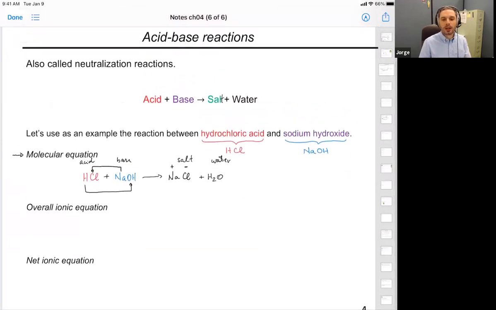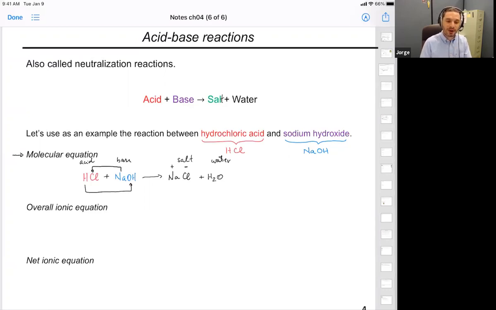Okay, so let's go back all the way to the first example, hydrochloric acid reacting with sodium hydroxide. We know that it will produce salts and water, and we know that the salt is sodium chloride. Remember, always when you write the molecular equation, you are going to use HCl and NaOH.